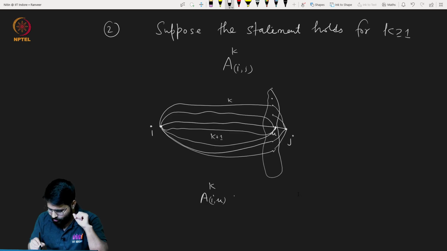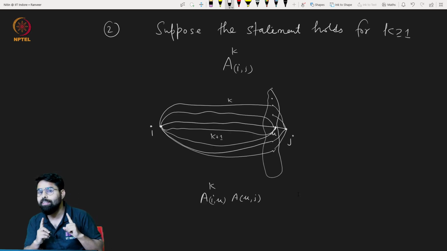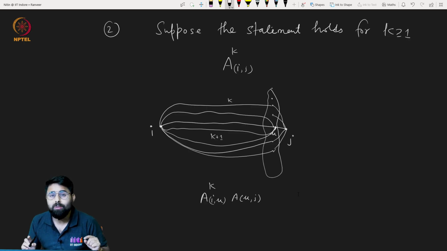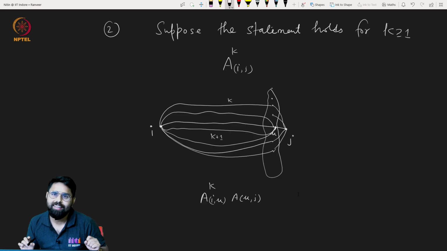So that means what? The adjacency matrix entry u and j will be 1 only when there is an edge between u and j. So this quantity will also give the number of walks of length k plus 1 which are going through u between vertex i and j.